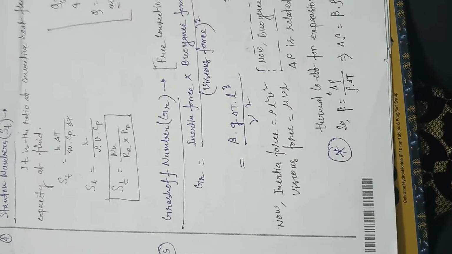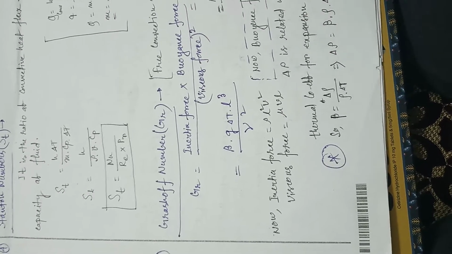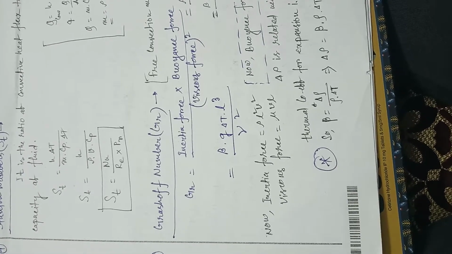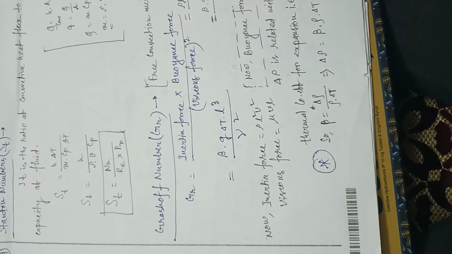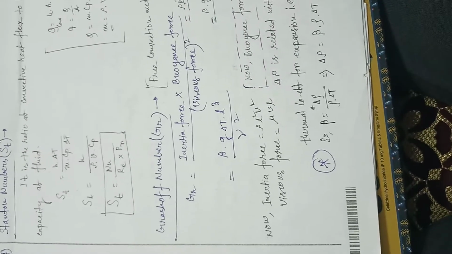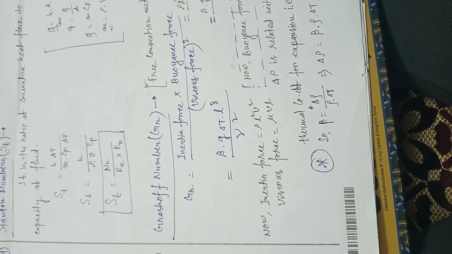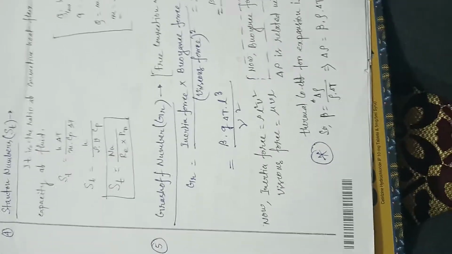Here beta is the thermal expansion coefficient, which relates to the density difference. Obviously, because density is a very important part for compressible fluid, because density is directly related with temperature. When the temperature is increasing, density is decreasing, we know.